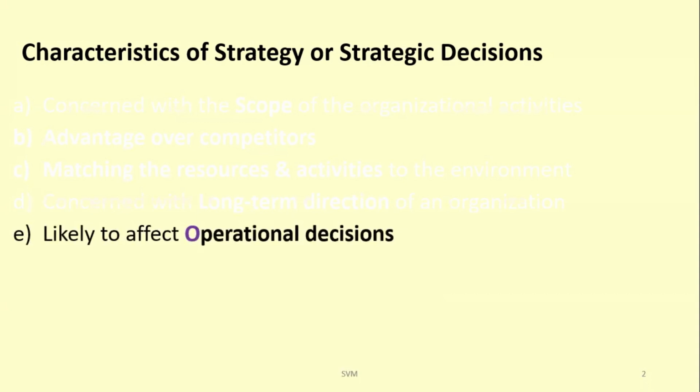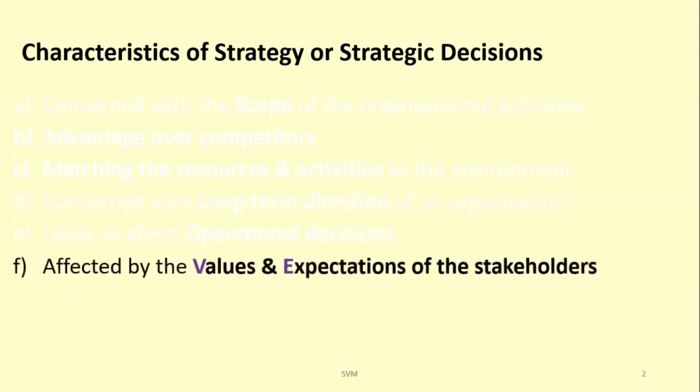Whatever strategic decisions I take may affect my operational decisions. They are affected by the values and expectations of the stakeholders. Whomsoever the stakeholders are, their values and expectations may get affected by the strategies I am forming.